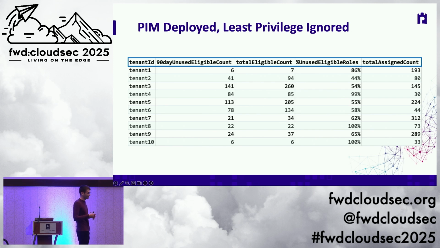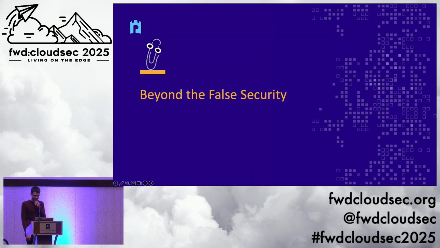In some cases, I had to go back 363 days, I think was the top one that I tested, to actually find when the last time a role was used. And so, by and large, what we're seeing is PIM, or just-in-time access as a whole, being used as a crutch in terms of, hey, if it's eligible, it's okay. We can just keep handing out all of these things.